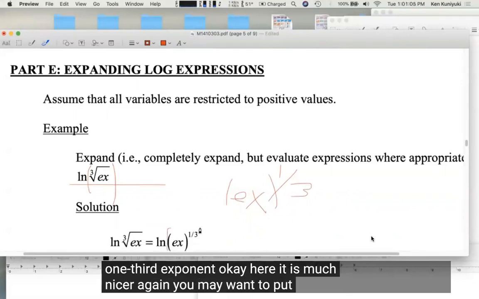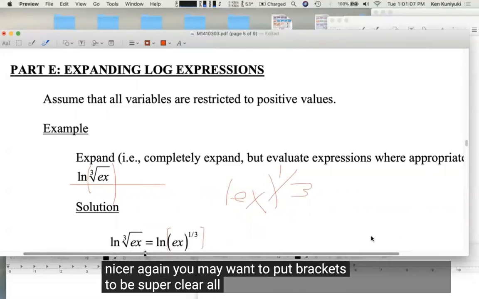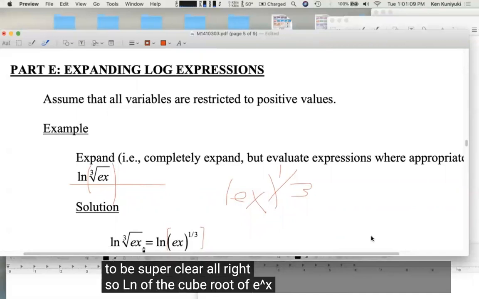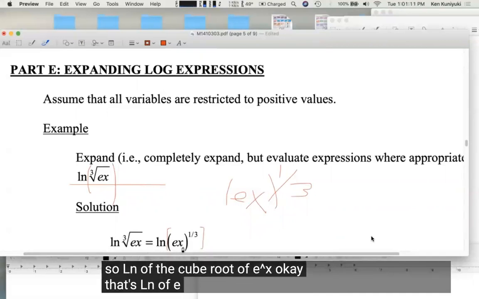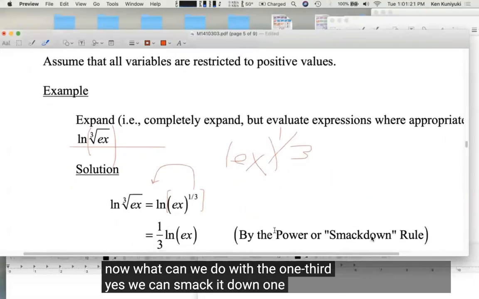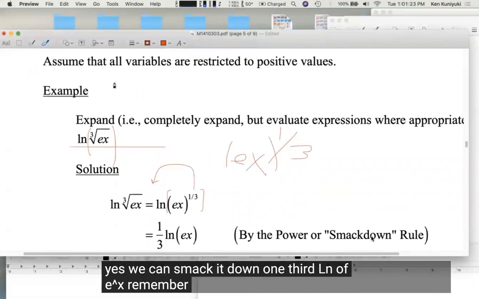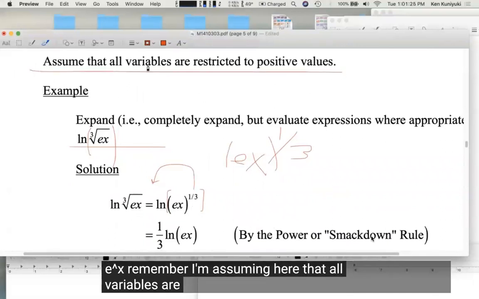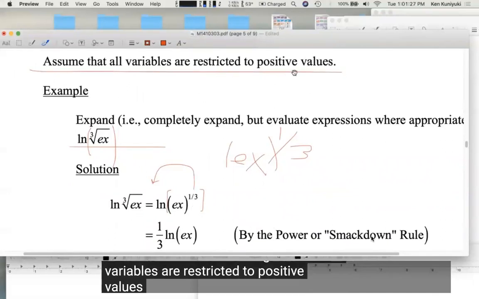Again, you may want to put brackets to be super clear. All right, so ln of the cube root of e^x, that's ln of e^x, that's to the 1/3. Now, what can we do with the 1/3? Yes, we can smack it down. 1/3 ln of e^x. And remember, I'm assuming here that all variables are restricted to positive values.